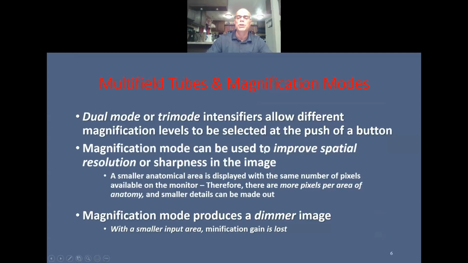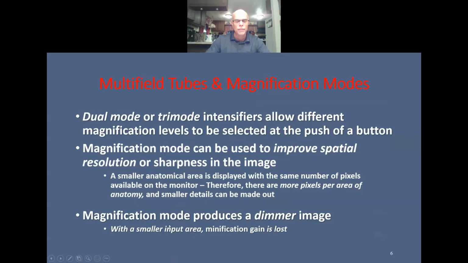Magnification mode can be used to improve spatial resolution or sharpness in the image. And this is a smaller anatomical area displayed with the same number of pixels available on the monitor. Therefore, there are more pixels per area of anatomy because we have less anatomy, so we got more pixels. The smaller details can be made out.